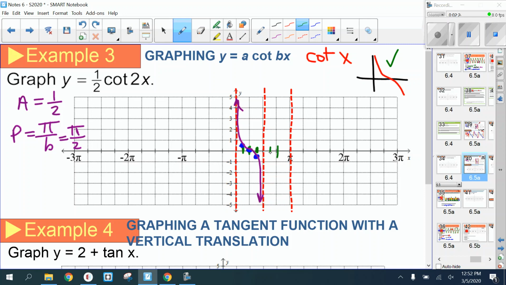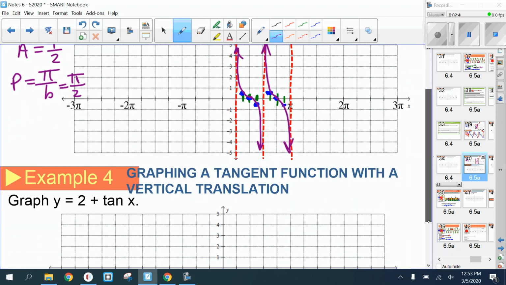Cut that in half and half again. Going to go 1/2, 0, negative 1/2. The only reason I know those dots is because I know that it's decreasing. Curve to the top, curve to the bottom. That's 2 full periods, and I'm just going to assume you know how to finish this thing up. Let's move on.